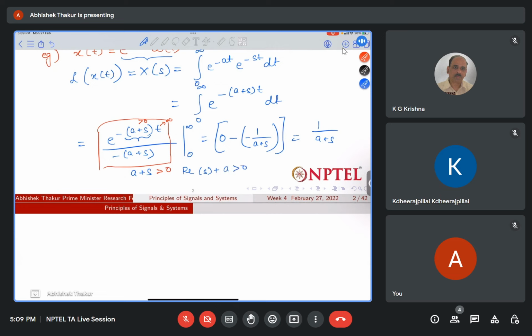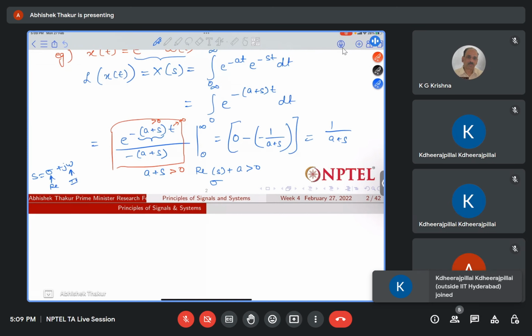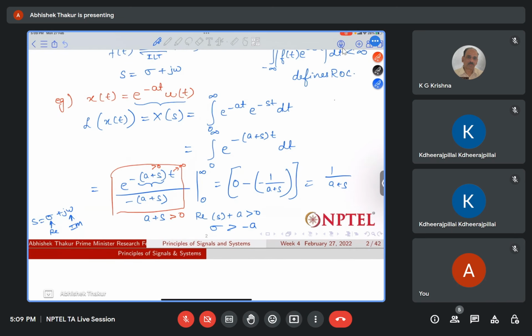The real part of s is sigma, because s is sigma plus j omega. Sigma is the real part and j omega is the imaginary part. So in this case, sigma is greater than minus a. Let's suppose the value of a is 2, then the region of convergence is the right side of minus a, because sigma is greater than minus a.